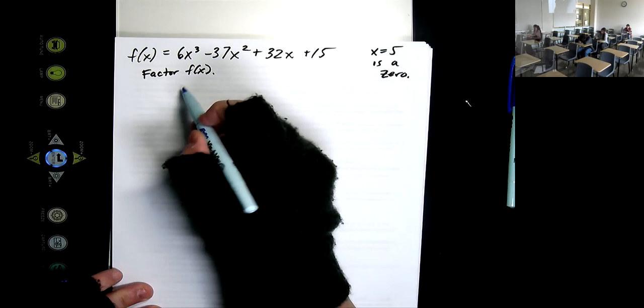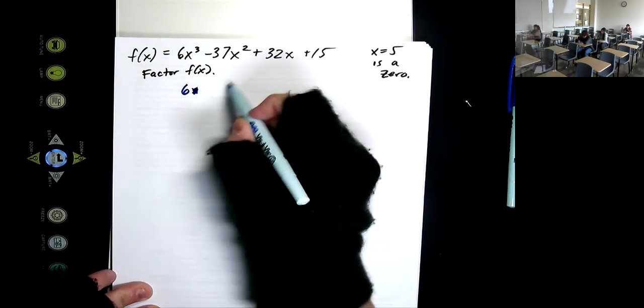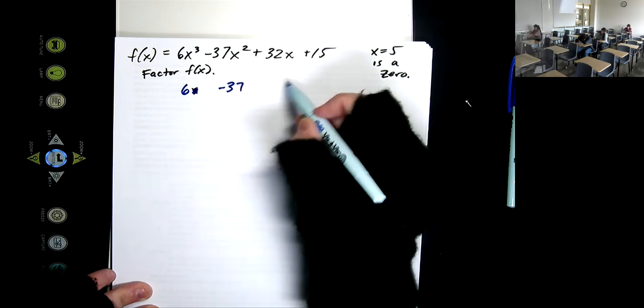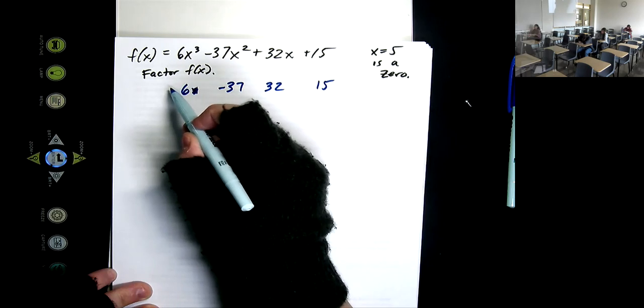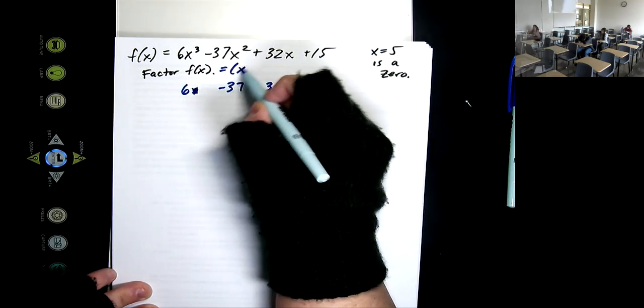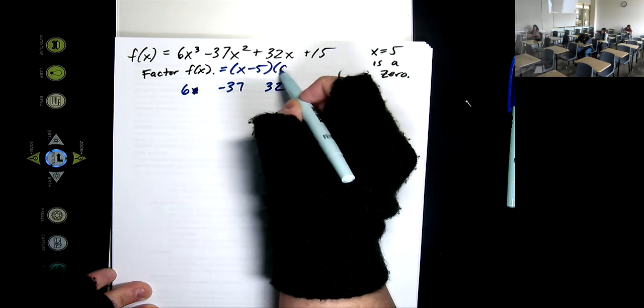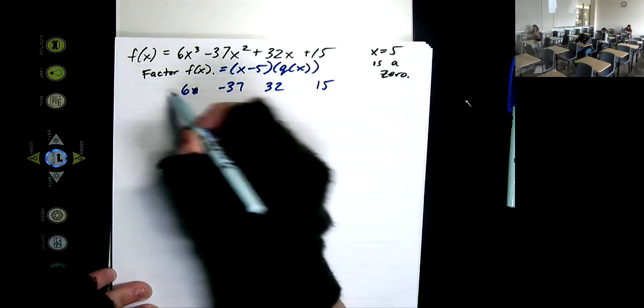So synthetic division will show me the remainder and the coefficients of the smaller function. I know this at least turns into x minus 5 times q of x. We'll start there.